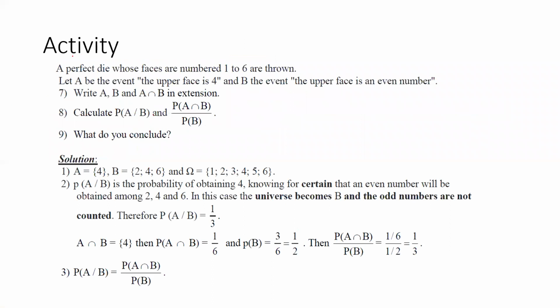Activity. A perfect die whose faces are numbered from 1 to 6. Let A be the event, the upper face is 4.